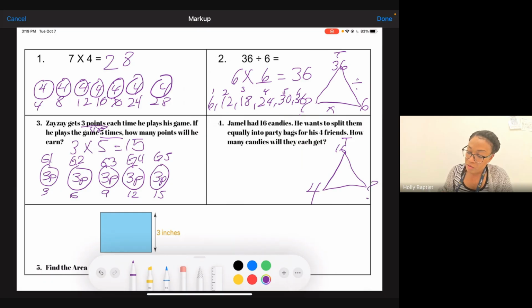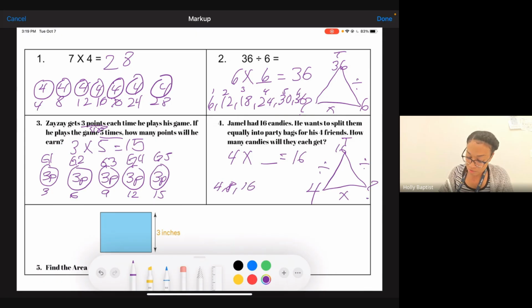Okay, so we know division, and this would be multiplication. So this tells us that 4 times something, or even something times 4, would get us 16. So I can skip count by 4 until I get to 16 to find out my missing number. Hey, third grade, here we go. Let me hear those fours roll. 4, 8, 12.